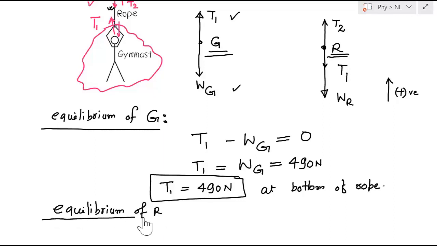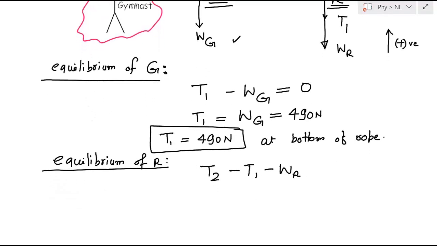So if you consider equilibrium of the rope, the vertical force is T2, and what are the forces that are acting in the downward direction? Minus T1 minus WR. Now since this is in equilibrium, the sum of all the forces is equal to 0. So from here I can write T2 is equal to T1 plus WR.